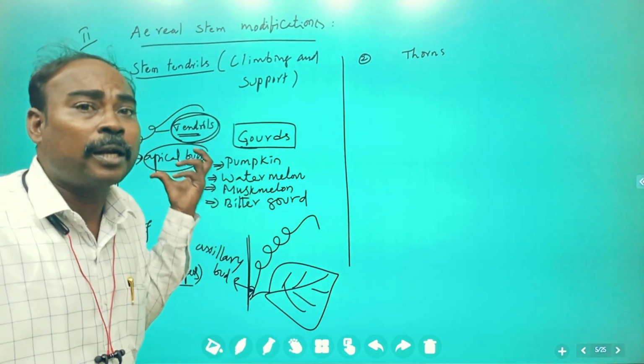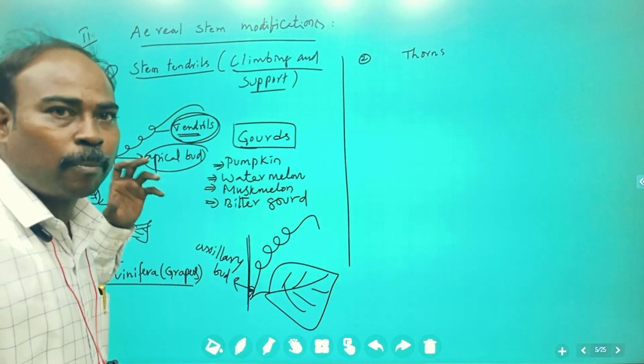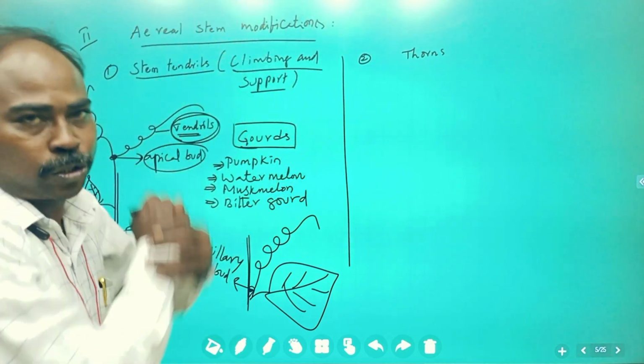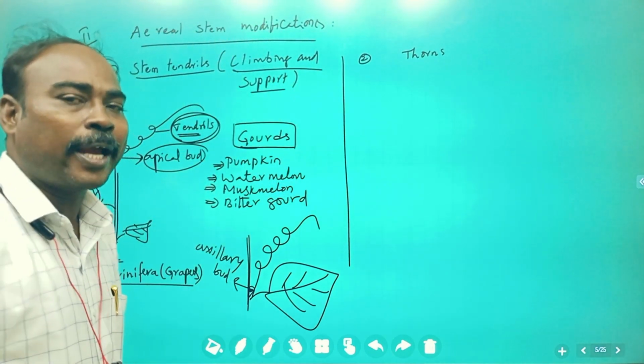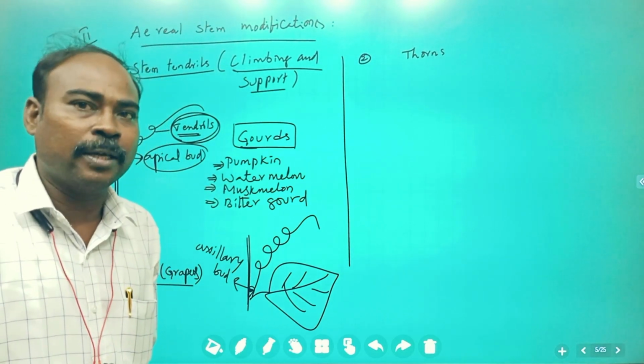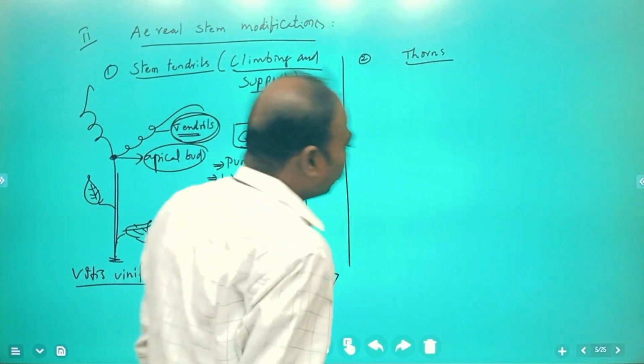Those structures are helpful for climbing or giving support to the plant, because whenever they touch the support, they coil around it and help the weak-stemmed plant climb. Next, the second one, thorns.